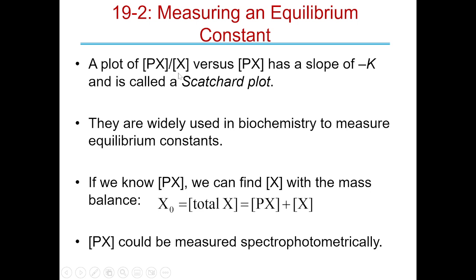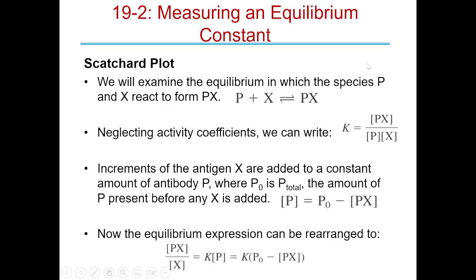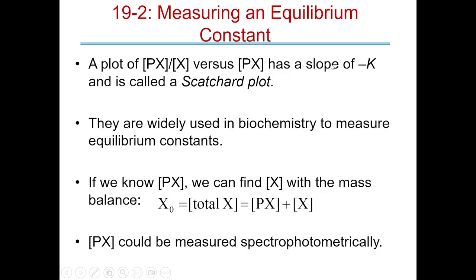That plot of Px over X versus Px would have a slope of negative K. That's our slope right here. It's called a Scatchard plot. We can plot these values versus each other, and we'd get a slope of negative K.